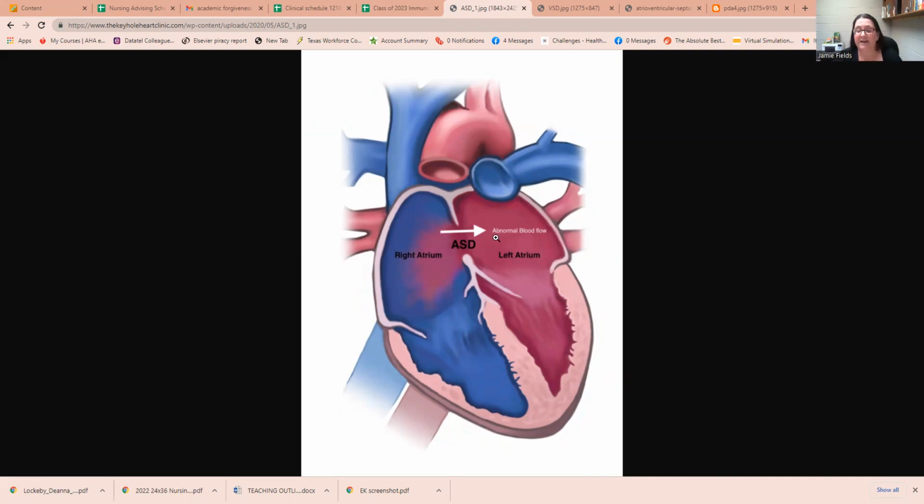Now, because this is in the atria, the atrial pressure is usually lower than ventricular pressure. So a lot of times this is tolerated fairly well. And this is one that someone might actually not realize they have until they're older, okay? So what you're going to have is just very slight increased pressure in the pulmonary vessels.